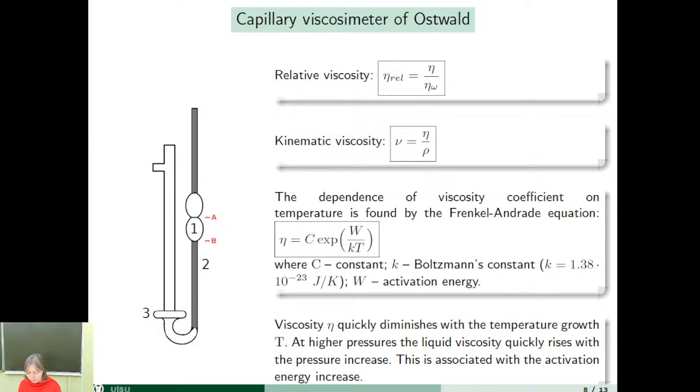The liquid from the big tank 3 is sucked into tank 1 above mark A. This is mark A and mark B. This fluid goes to tank 1 up to mark A. Then, having removed the pier, the time of flow of liquid between marks A and B is measured.